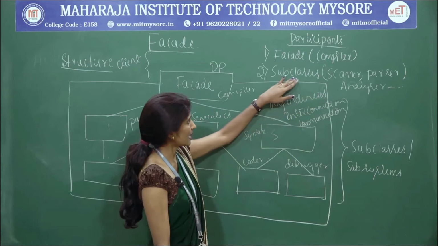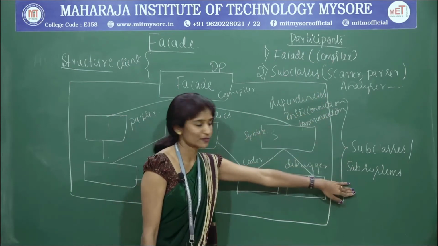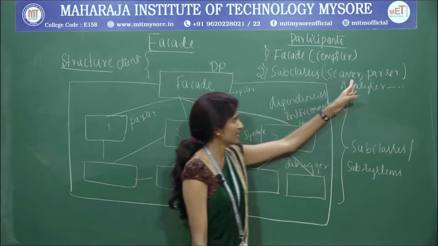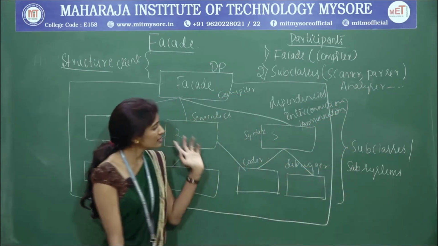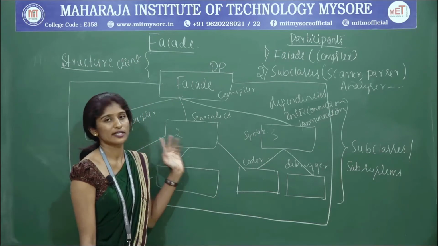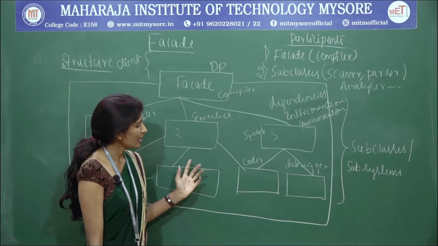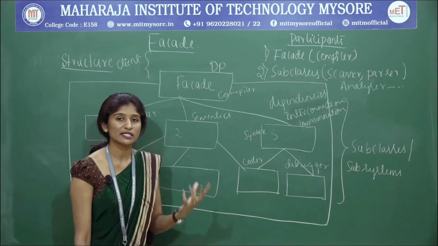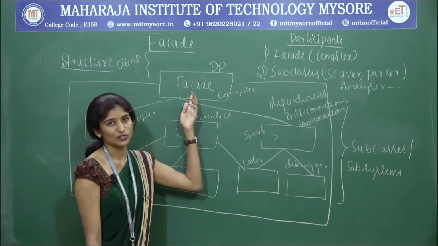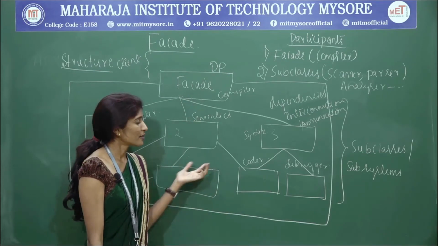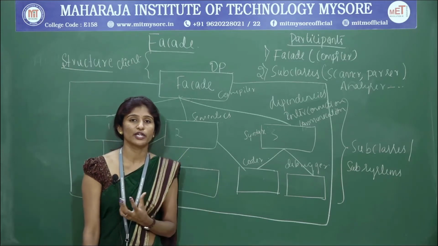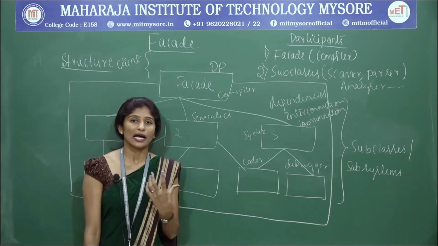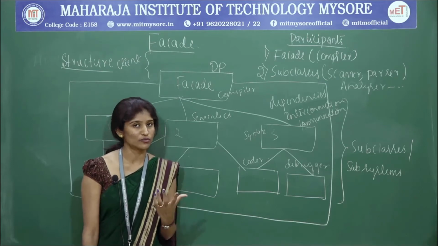So here subclasses are the subsystems. Those are all the examples I have taken: scanner, parser and analyzer. They are all the subsystems of this design pattern, and they are going to perform their operations based on the work assigned by the facade object.